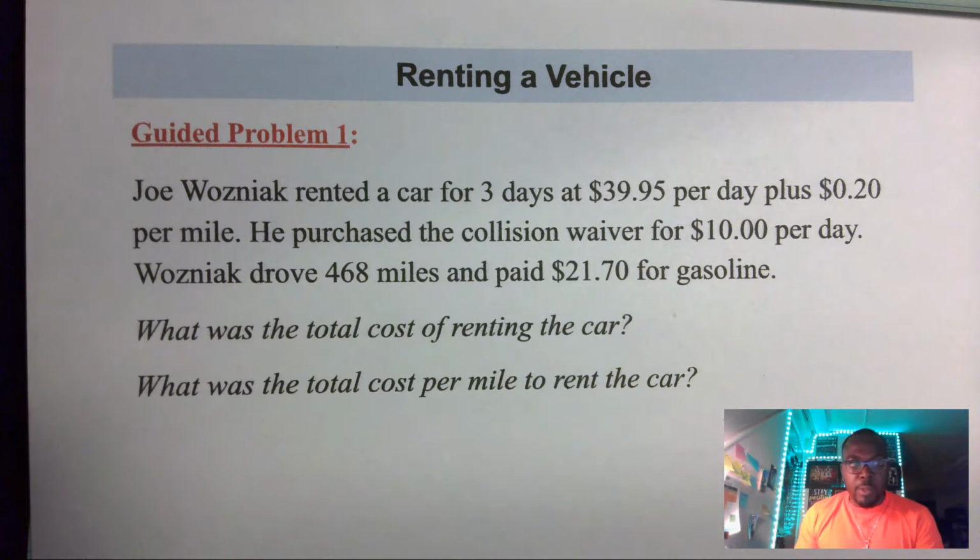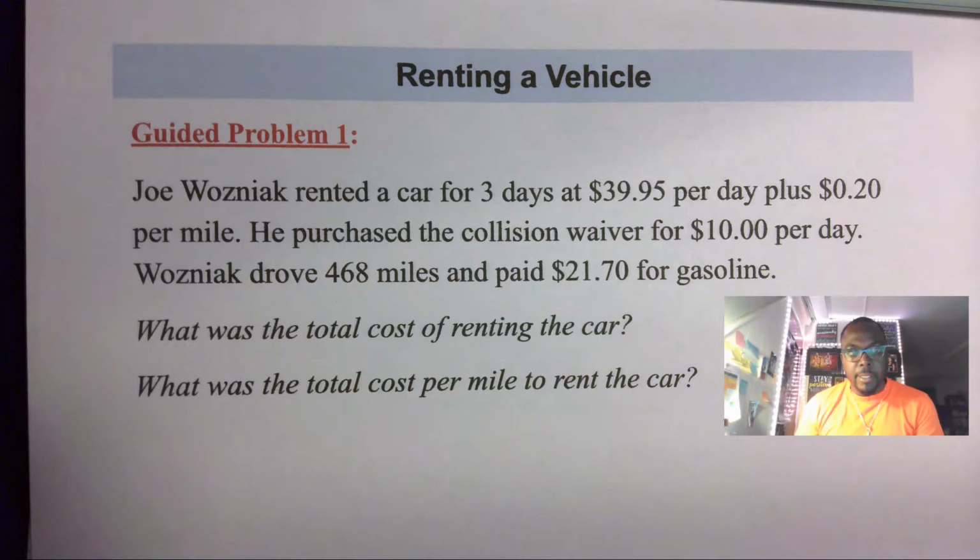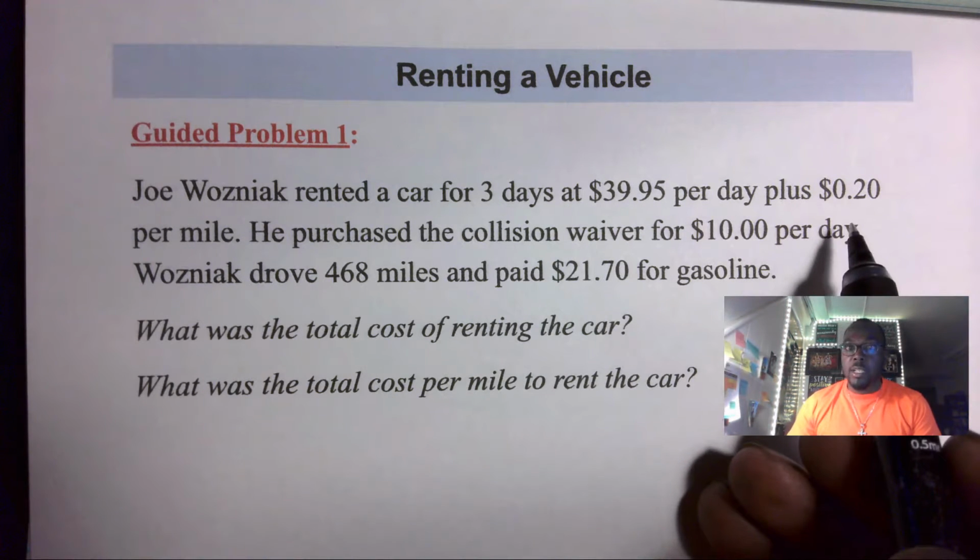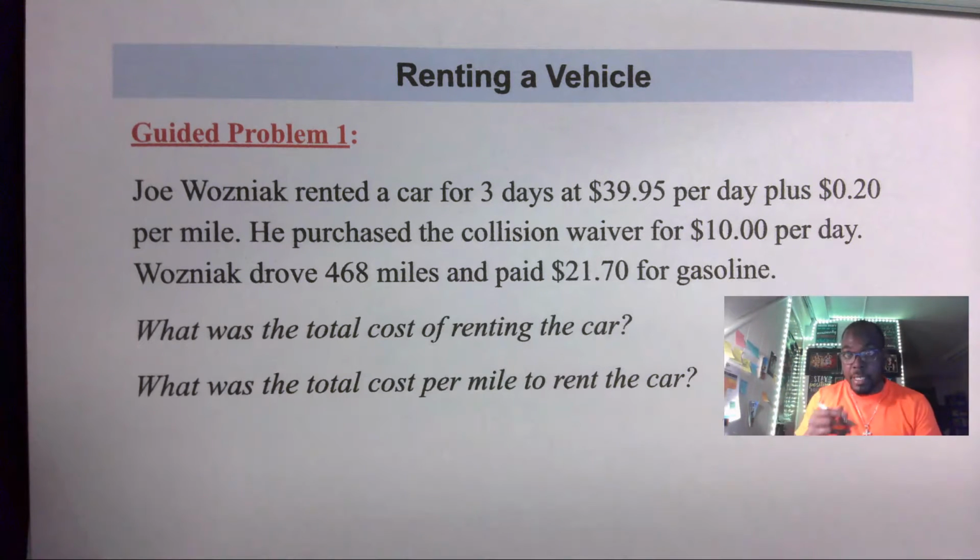All right. So if we're looking at this problem here, it says that Joe rented a car for 3 days at $39.95 per day plus $0.20 per mile. He purchased a collision waiver, that's in case anything happens, for $10 per day.